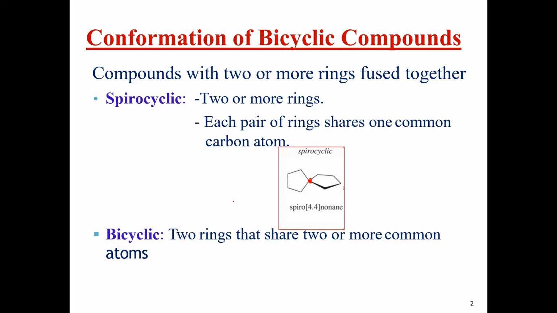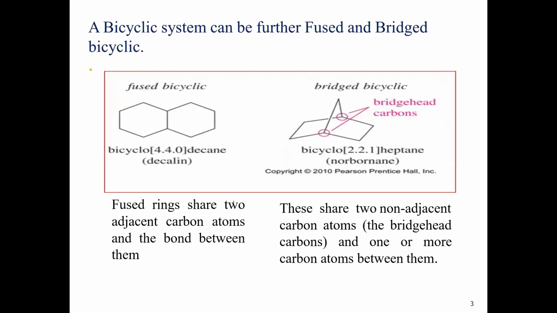In a bicyclic system, there are 2 classes: the fused bicyclic and the bridged bicyclic. In a fused bicyclic ring, 2 adjacent carbon atoms and the bond between them are shared. ह्या ठिकाणी fused bicyclic compound मध्ये काय 2 adjacent carbon atoms are attached to another ring.